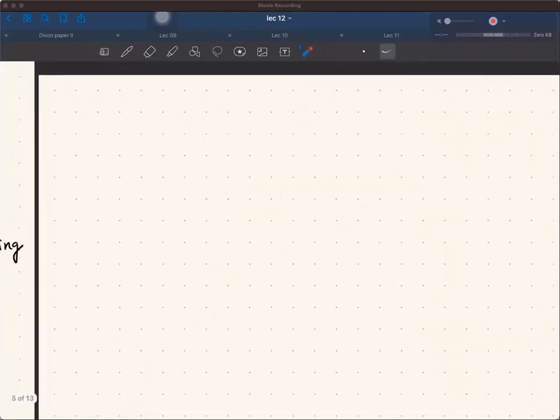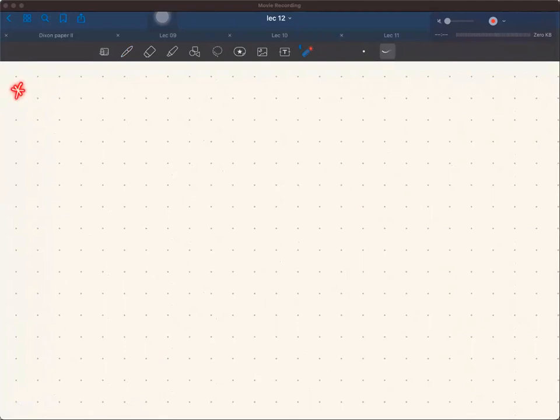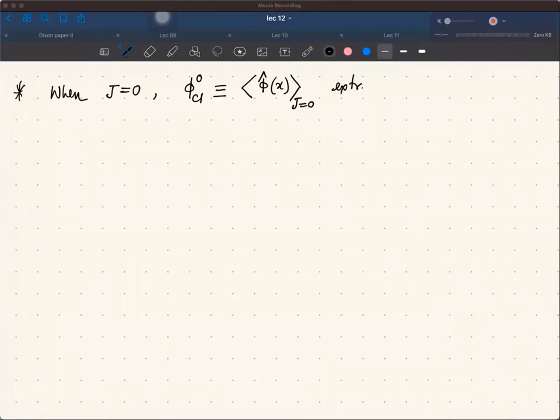So the statement is that when J is equal to 0, let's call it phi CL 0, which is basically the vacuum expectation value of phi hat x at J equal to 0. This extremizes gamma.